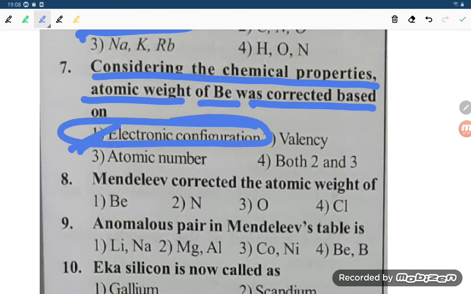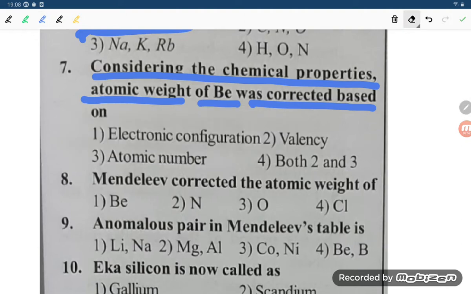The chemical and physical properties of elements are based on the electronic configuration. So that is 7 when you are writing, students. No, this is also wrongly given by me. The correct answer will be the valency.